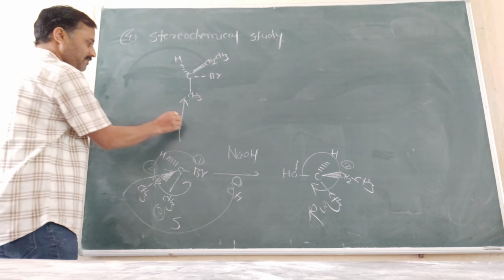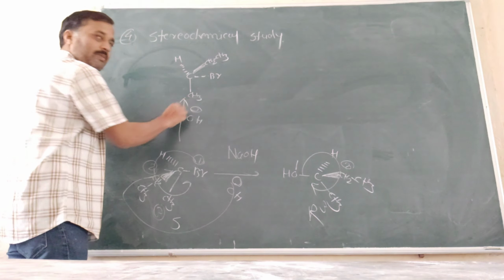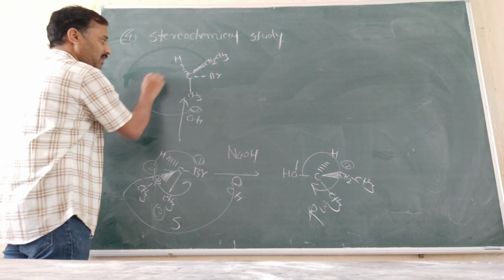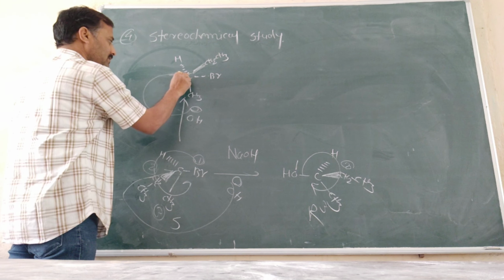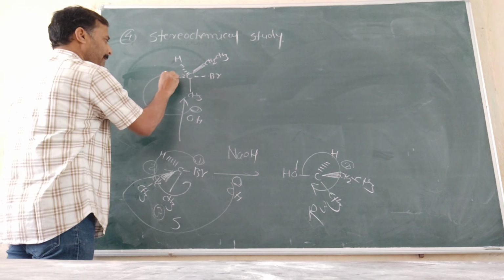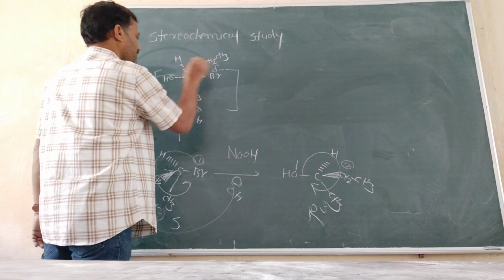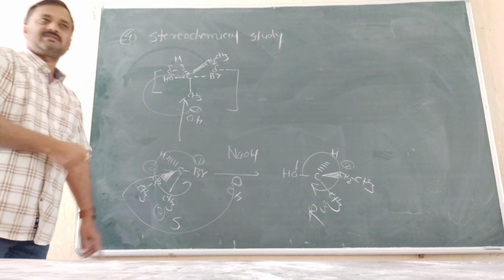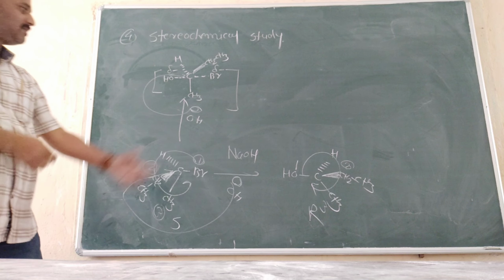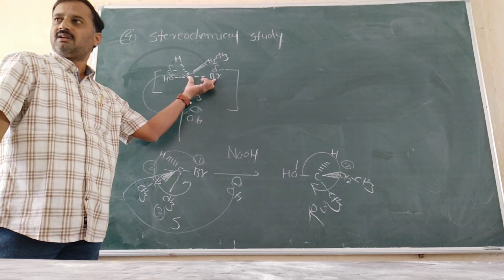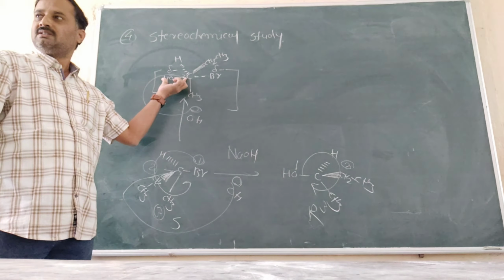At the same time, this nucleophile OH attacks on this carbon, which is the partial making of the bond. This is the transition state. This is the partial breaking of the C-Br bond, and this is the partial making of the bond.